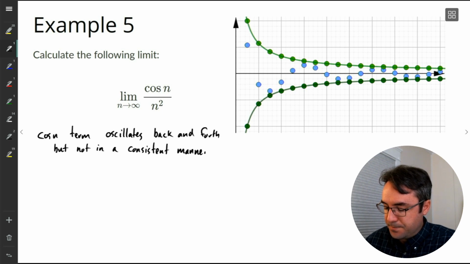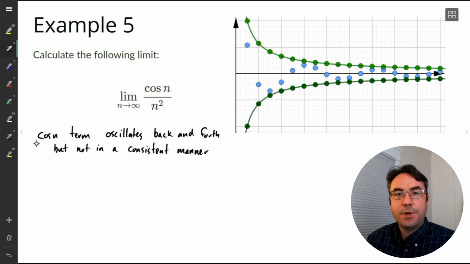So we know what cosine looks like. It bounces back and forth between -1 and +1. But when we look at just the integer values plugged into cosine, cosine of n, it's still going to have that usual oscillating that we know, but it's just not consistent enough where we can really predict what the nth term would look like.